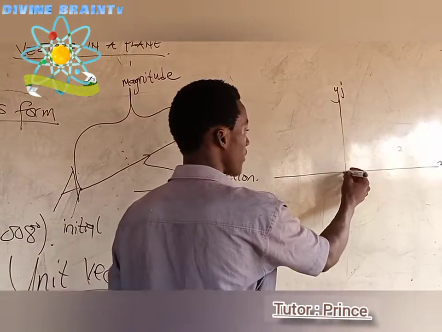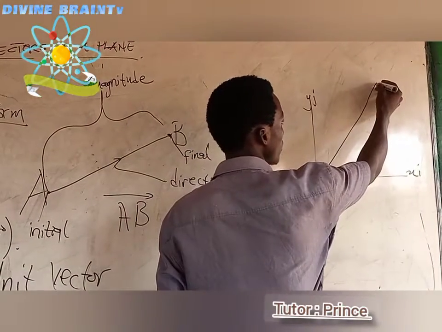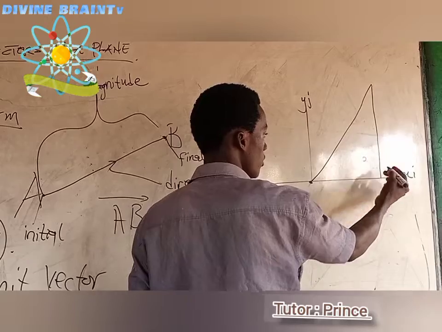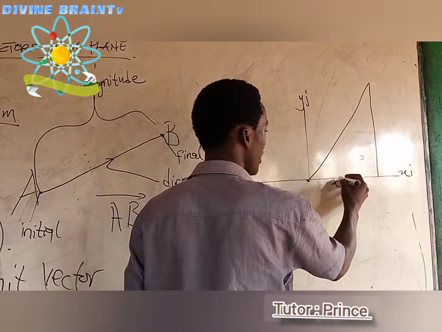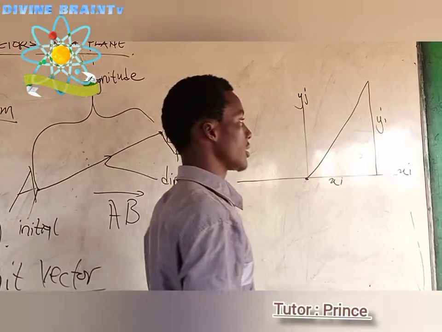So assuming we have a body that started from this point and moved to this. We have our xi here, then this is yj.